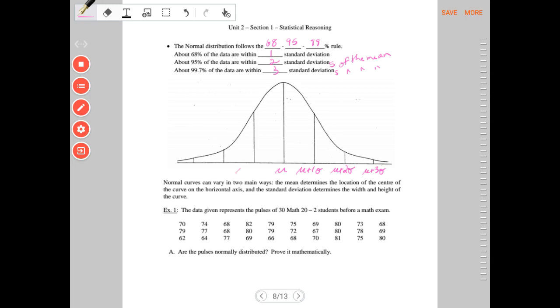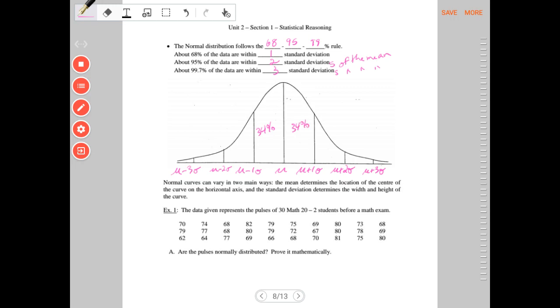To the left would be the mean minus 1 standard deviation, mean minus 2 standard deviations, and mean minus 3 standard deviations. If 68% are within 1, left or right, then remember these are symmetrical, so half would go here and half would go here. Half of 68 is 34, so that represents 34%.